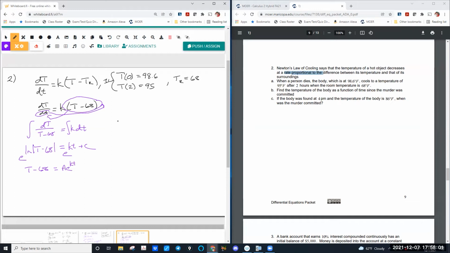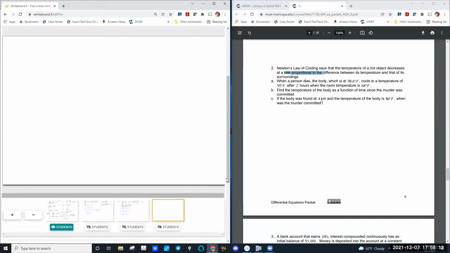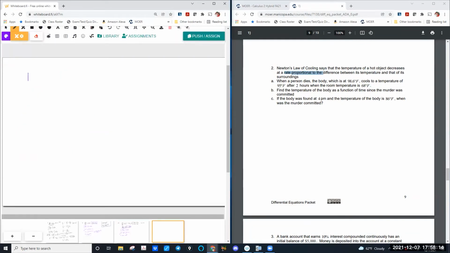And what that means, let's say we did it on both sides, right? So we have the ln of T minus 68 plus C1 equals KT plus C2. The very first thing we would do if we did this is bring this over to here, right?